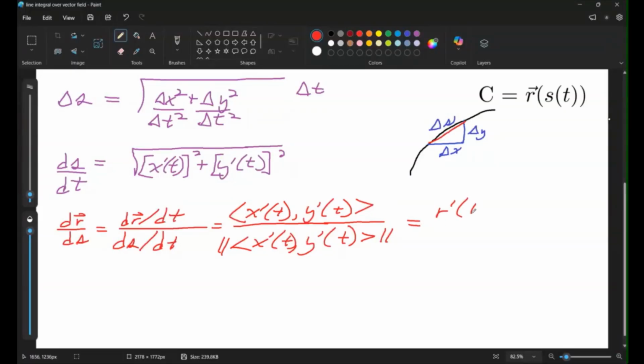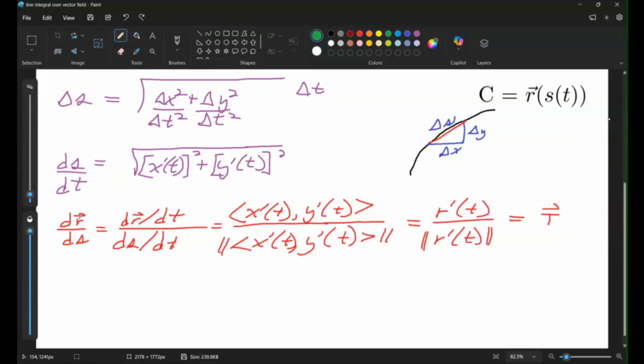So we just have r'(t) over the magnitude of r'(t), which is nothing more or less than the unit tangent vector. So a vector that at any point is going to be going off tangent to C.